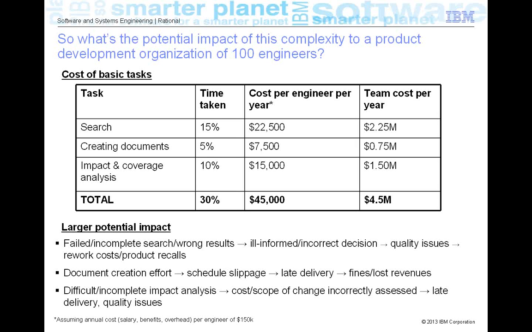So I'll just spend a few minutes trying to explain what this search means. This search actually covers both simple text searches across the distributed data sources which they would be using for engineering.